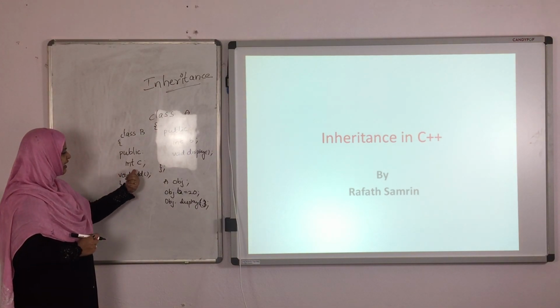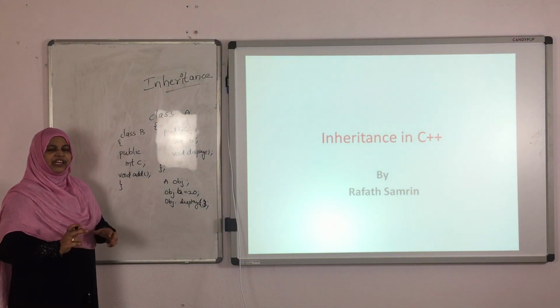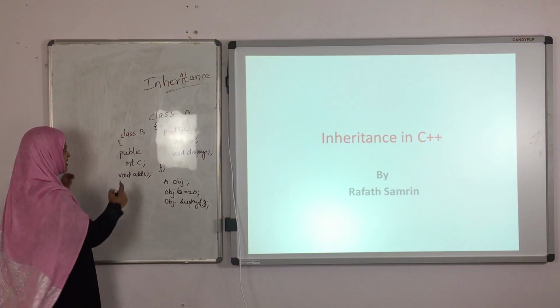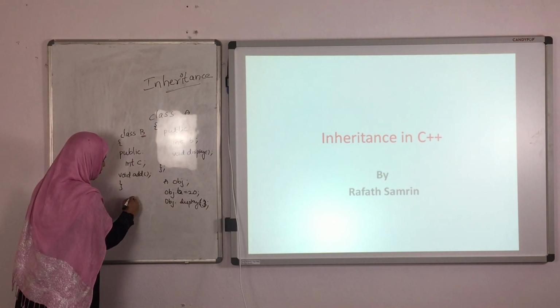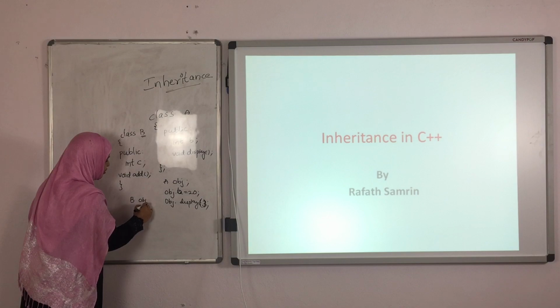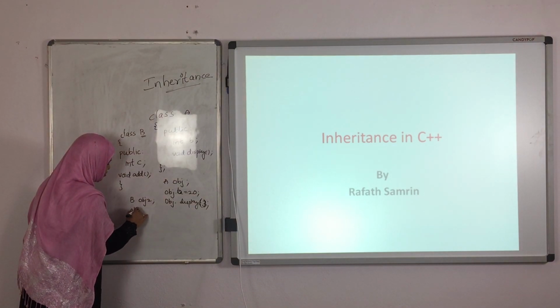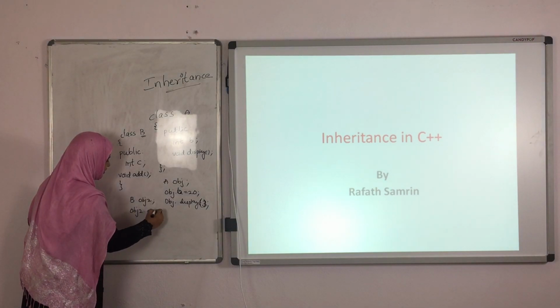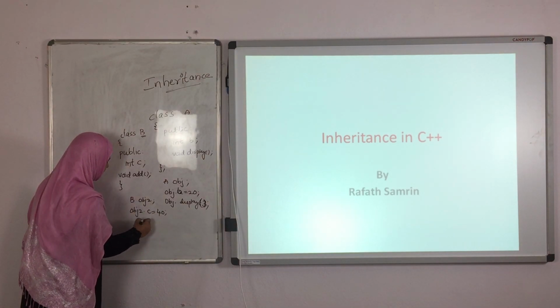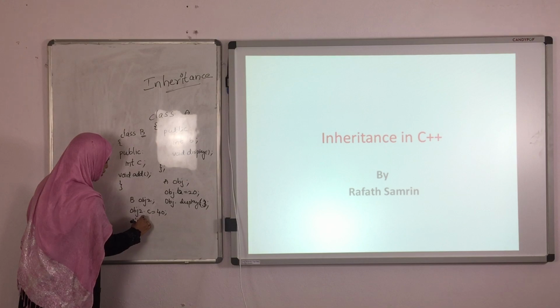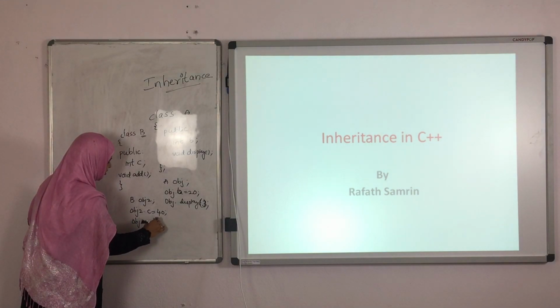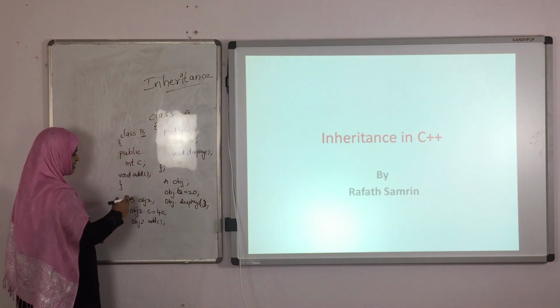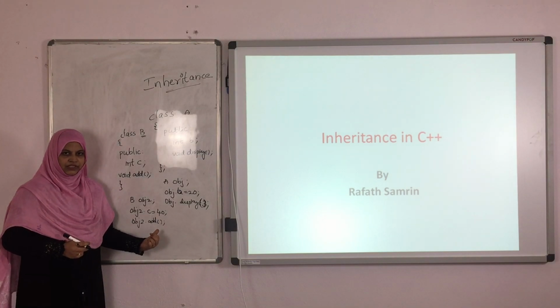To access C and add, we have to create one more object for this class B. So B obj2, and by using this obj2 we can access the variable C, that is 40. With obj2 dot add, we can call this member function outside the class, right?